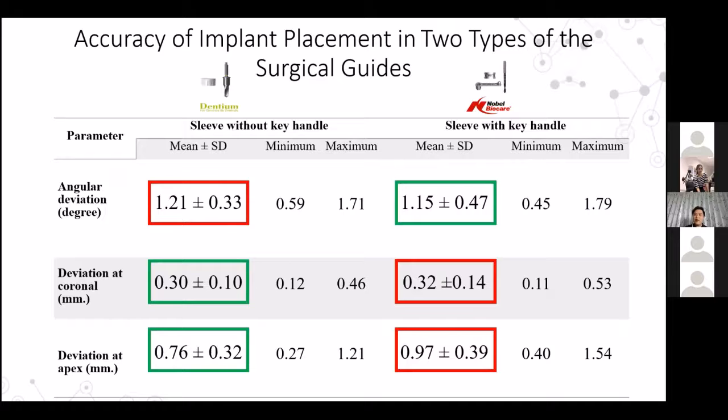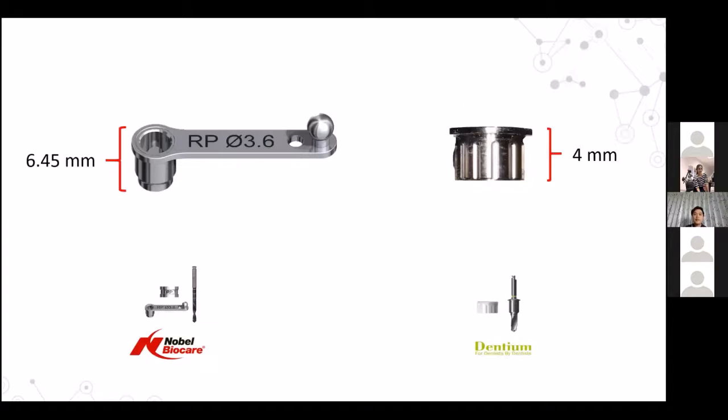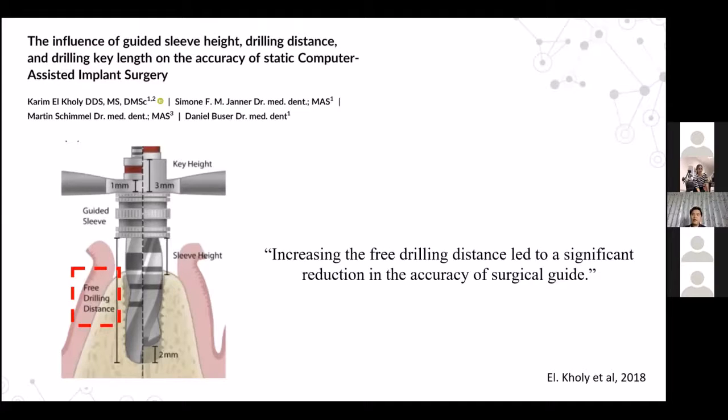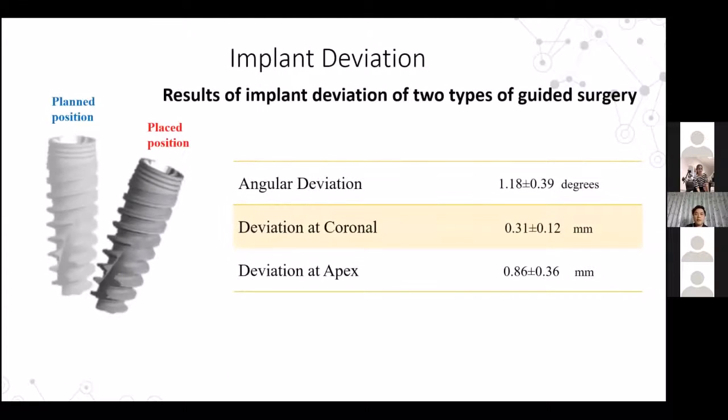However, in this study, we found less deviation in the angulation deviation in the surgical guide containing the key handle. It could be because the key handle in Nobel Biocare is longer than the Dentium guide sleeve. This corresponds with Coley et al. in 2018, who concluded that increasing the free drilling distance leads to a significant reduction in the accuracy of the surgical guide.